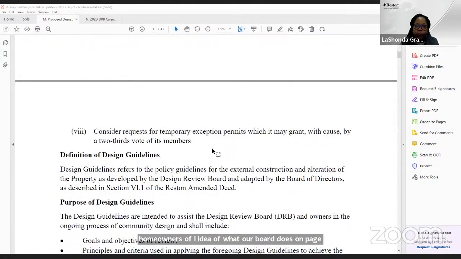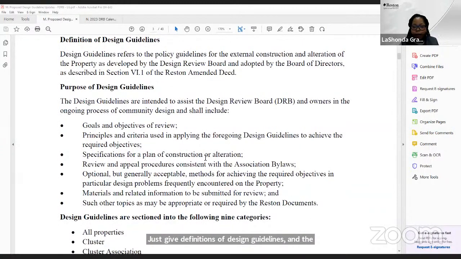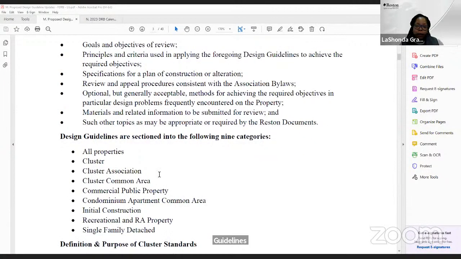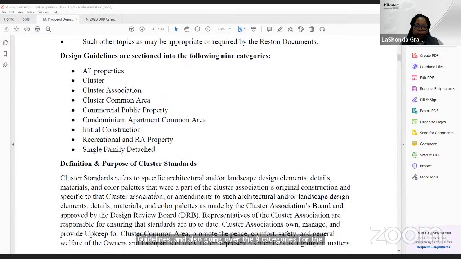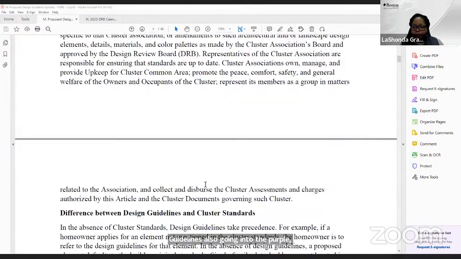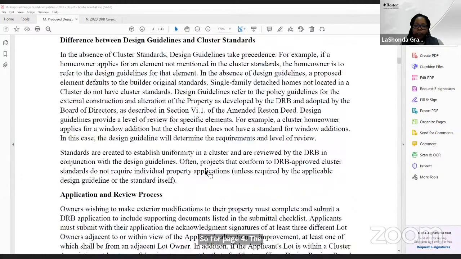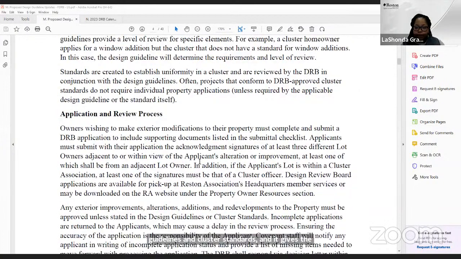On page 2, it gives definitions of design guidelines and the purpose of design guidelines, and also goes over the 9 categories for the different types of design guidelines. Also going into the purpose of cluster standards. So for page 4, the differences between the design guidelines and cluster standards, and it gives an overview of the application DRB process.